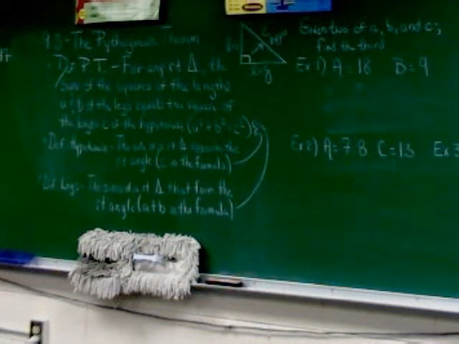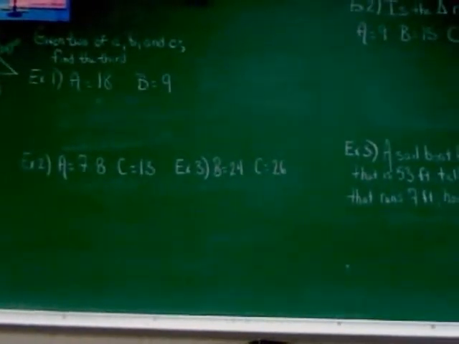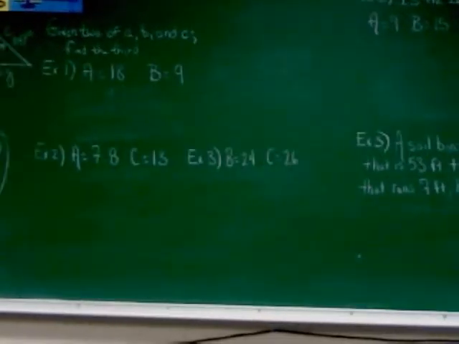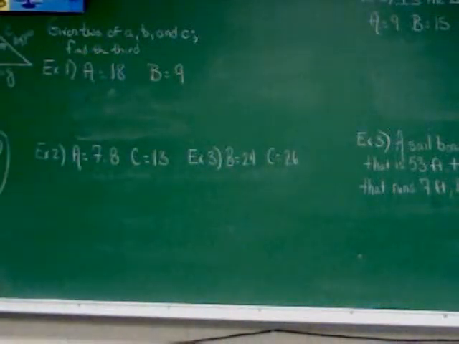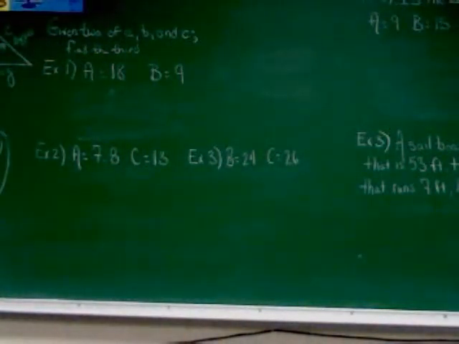Okay, let's go to example 1. In example 1, no story problems or anything fancy. You're just supposed to learn how to use the formula. Example 1 has a equals 18 and b equals 9.